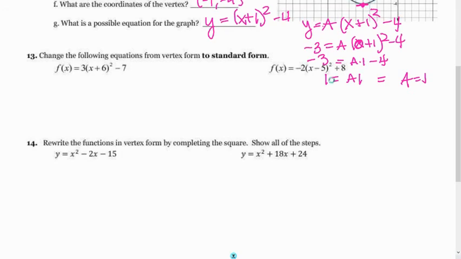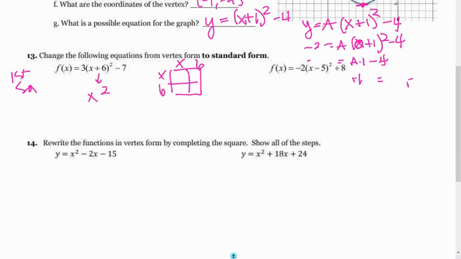So, first I'm going to square it. So x plus 6 squared, if we remember our patterns, that's one thing, or you can use the box method or FOIL to multiply x plus 6 and x plus 6. You should get x squared plus 12x plus 36.